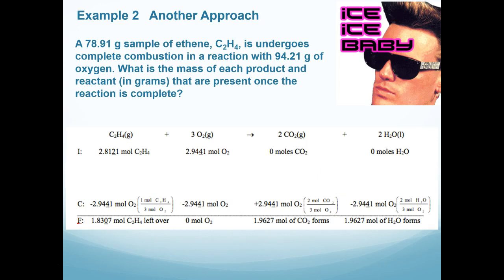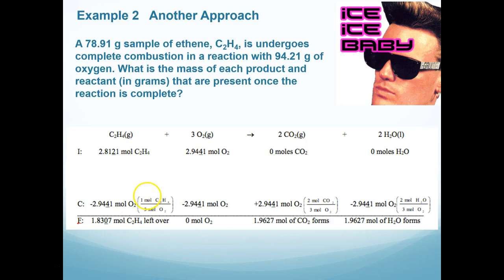And then what you do is you figure out which one is limiting by going to the number of moles here. Okay, we have a mole ratio to figure out how many moles of this we have. And from there we say, well, if this is limiting, we're using all of this up, and we are producing this number of moles of carbon dioxide and this number of moles of water, and we are reacting with this many moles of ethene.